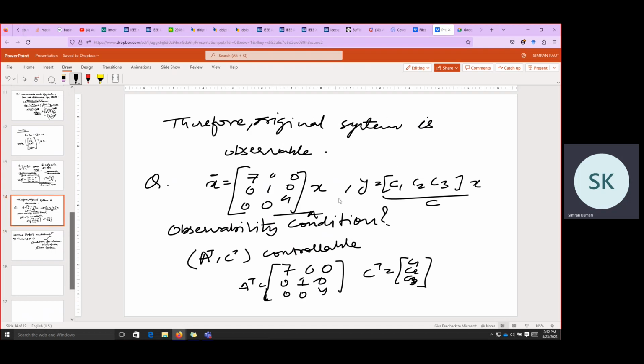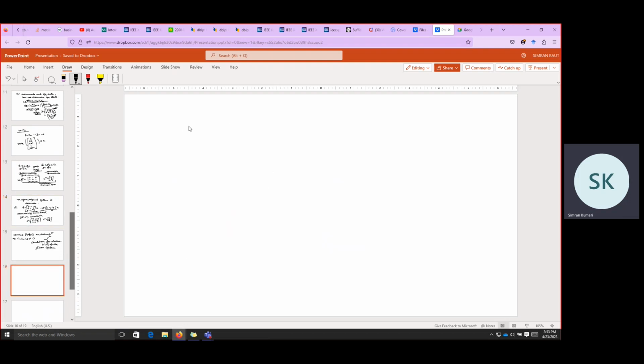Another way is that we construct the observability matrix for this system. So this will be C1, C2, C3; C, CA, CA square.